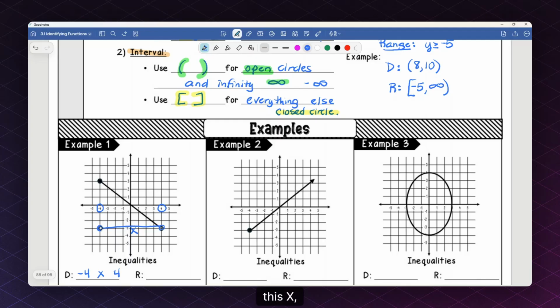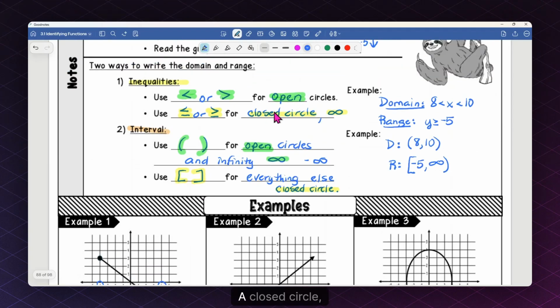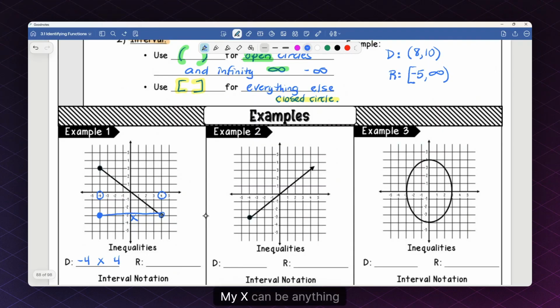Now, this x, because this is a closed circle, let's just scooch up and remind us what it says for a closed circle. Okay, a closed circle, we're going to have that equal sign in it. We're going to put that equal bar in it. My x can be anything bigger than that -4 or exactly equal to that -4 up to the +4. Now the +4, it's an open circle, so I'm not going to put that equal sign in it.